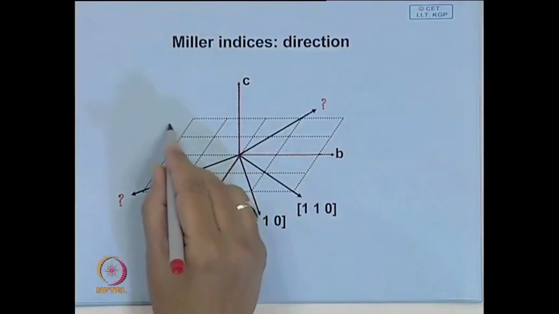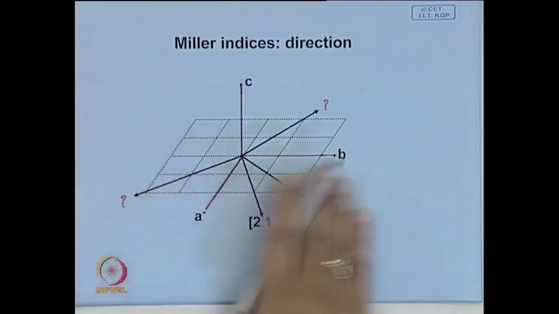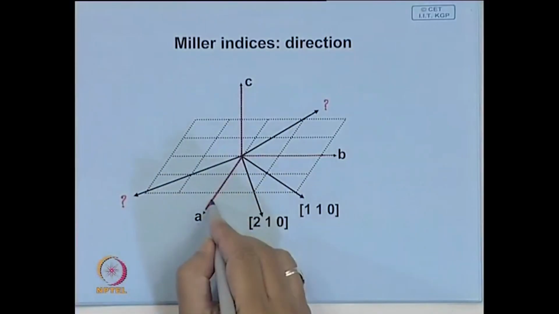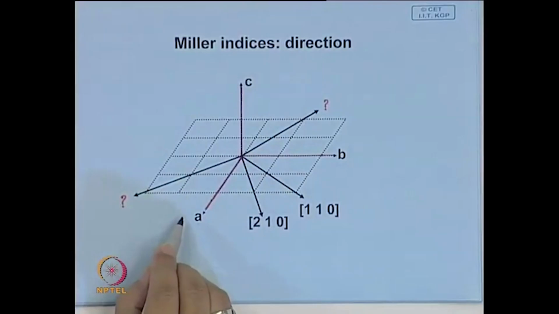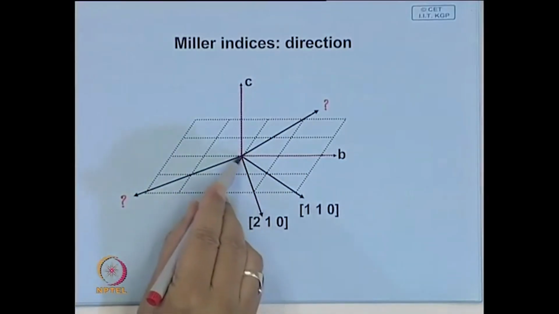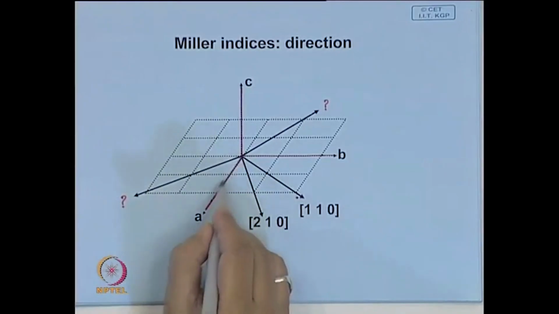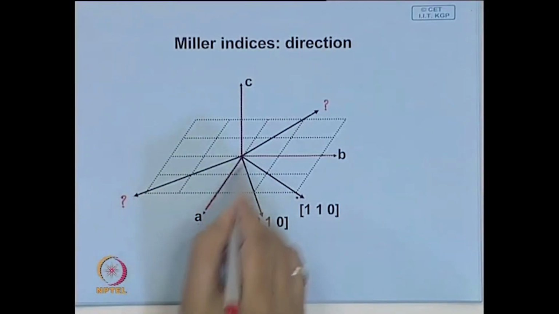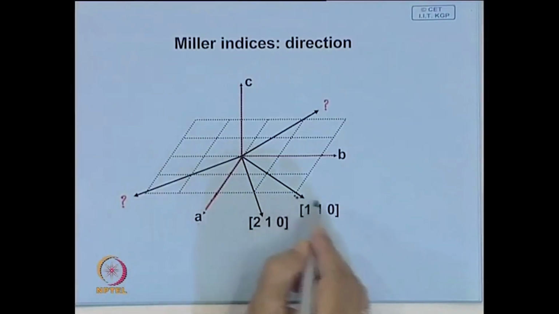Now, here I have intentionally shown one plane, that is the base plane passing through A, B, and the grid lines are drawn, and to represent a direction, say for example this direction, how will you represent it? You move 2 units, let us say along the A direction, and 2 units along the B direction.